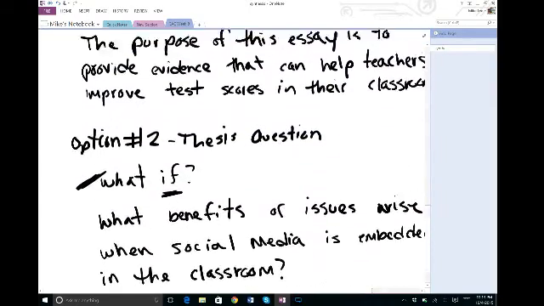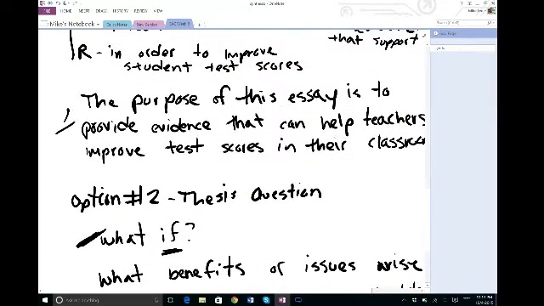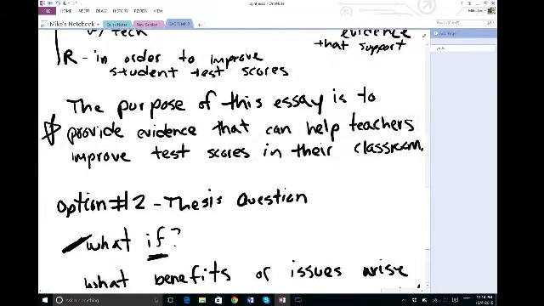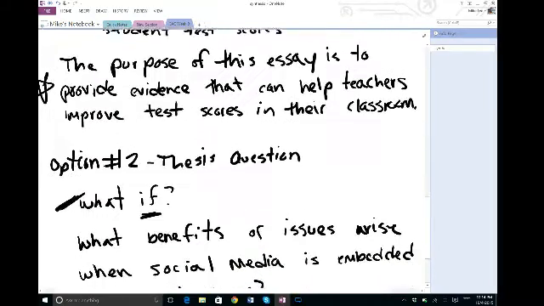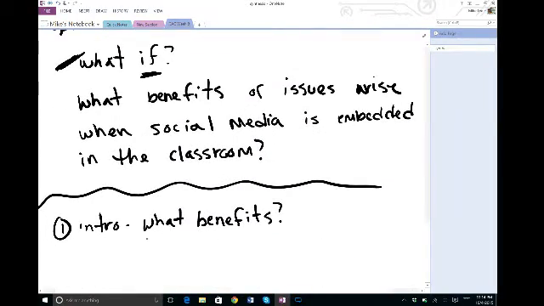And if you wanted to use the other question, or excuse me, the other thesis, the purpose of this essay is to provide evidence that can help teachers improve test scores in the classroom. If you're more comfortable with that, you can also use that. This is the alternative.